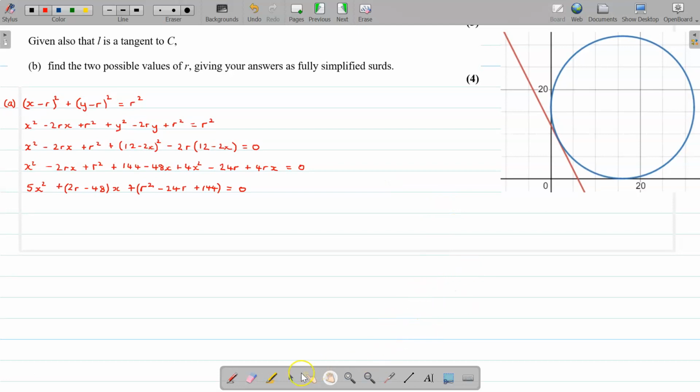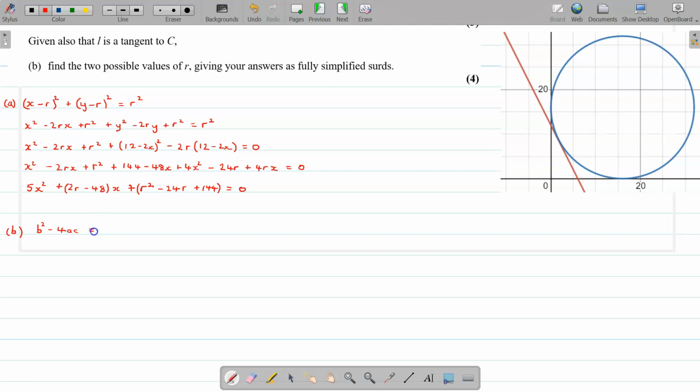We've looked at the 2 possibilities. So what we're going to do for part B, first of all, okay, I'm just going to say b squared minus 4ac equals 0.